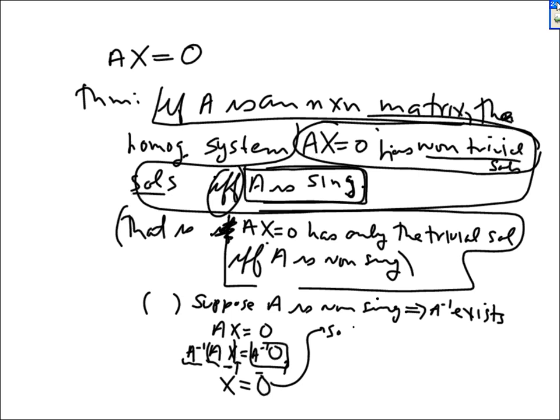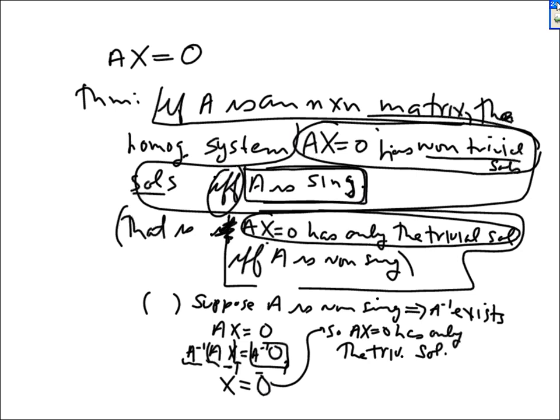So AX equals 0 has only the trivial solution. And now you can try to prove that if AX equals 0 has only the trivial solution, then A is non-singular. You can try proving that.